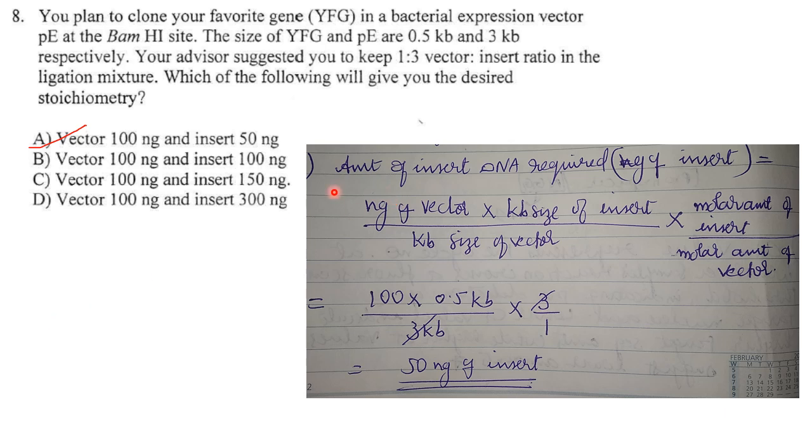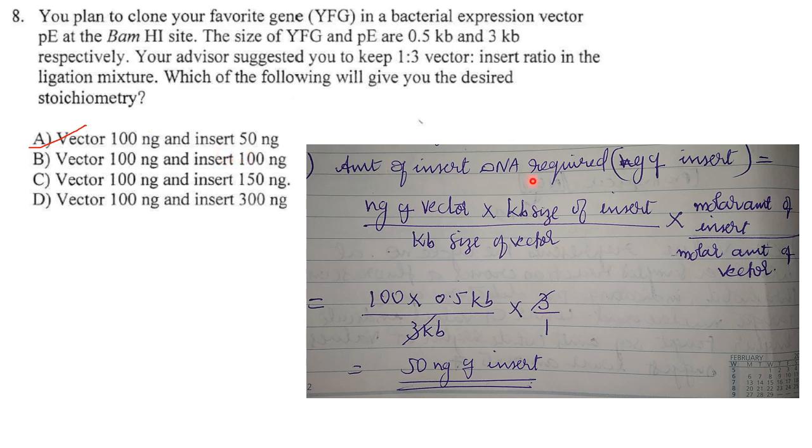They have given the vector amount in nanograms, that is 100 nanogram, which remains the same. Then they have given the sizes of the plasmid and the favorite gene of interest. Then the 3:1 vector insert ratio. Now they have asked which of the following will give you the desired stoichiometry.